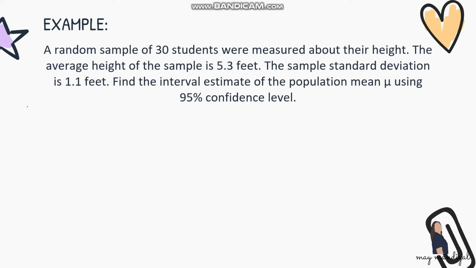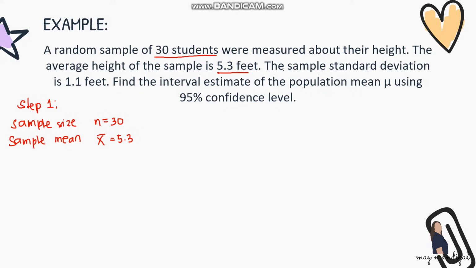Now, the steps are just the same. First, let's list down all of the variables that we can get from this problem. We can see here a random sample of 30 students, so that gives us our sample size, n is equal to 30. Then the average height of the sample is 5.3 feet, so that is our sample mean, x bar is equal to 5.3.